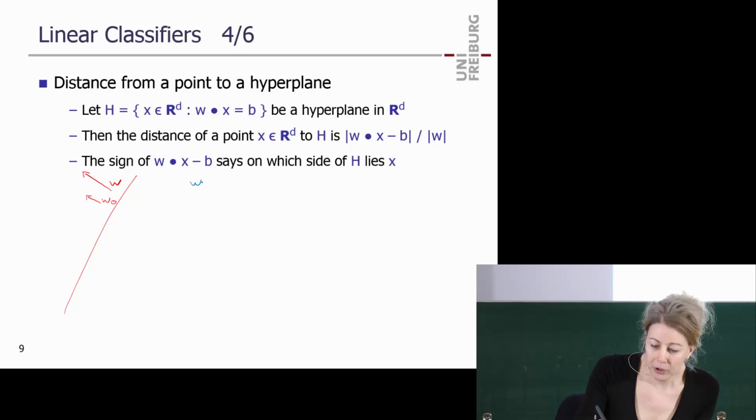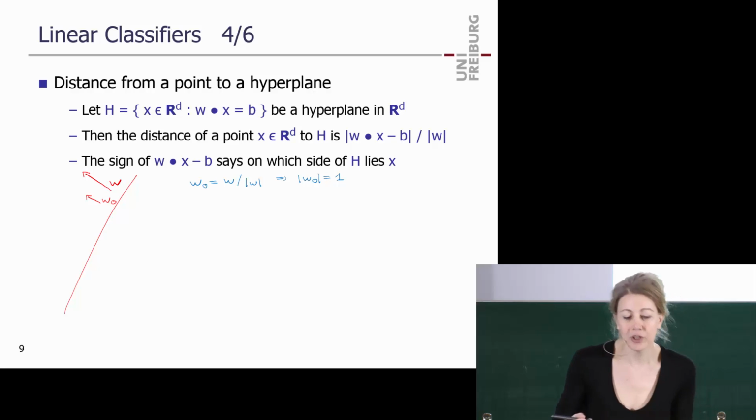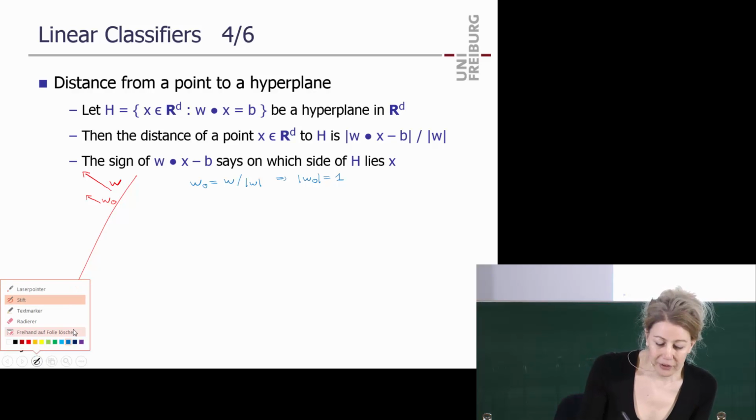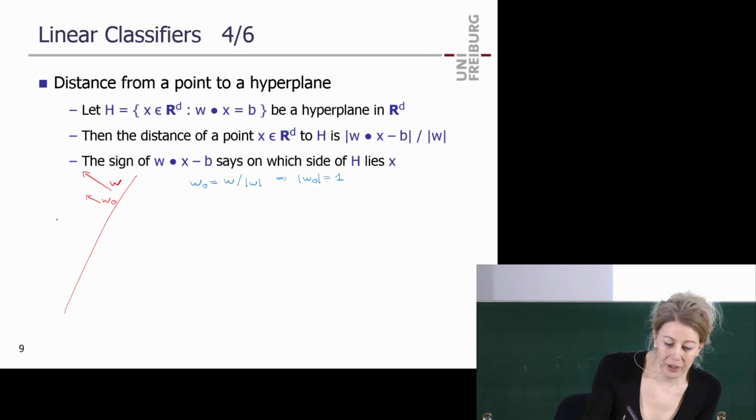So W0 is just W divided by the length of W, which means W0 has length 1, right? It's just a unit vector in the same direction. So which means everything in this direction is plus, right? So let's look at a point x now here. Yeah, this is a point x.